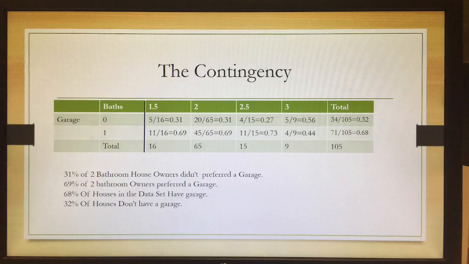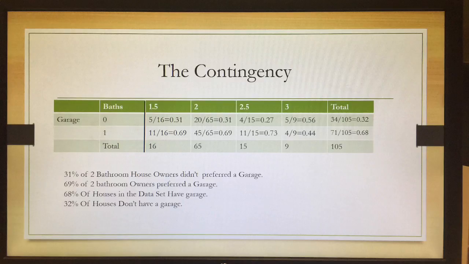So here's the final product that we have. We see over to the right hand side in the total number of houses that the majority of the data for all the bathrooms, the majority of them really preferred or had a garage attached to the house, which involved the 68% majority, while the other 32% didn't have or didn't prefer a garage to go with their accommodation.